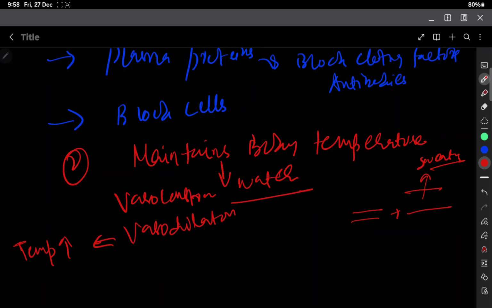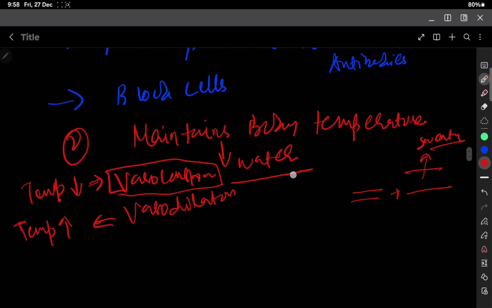So the temperature will fall. When the body temperature decreases, the hypothalamus sends nerve impulses to the blood vessels. So there is vasoconstriction, and because of the vasoconstriction, heat will be preserved. So because of this vasoconstriction and vasodilation, blood helps to maintain the body temperature.